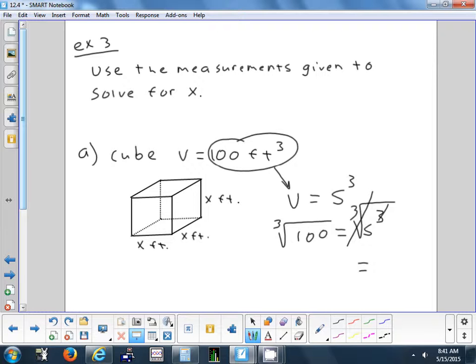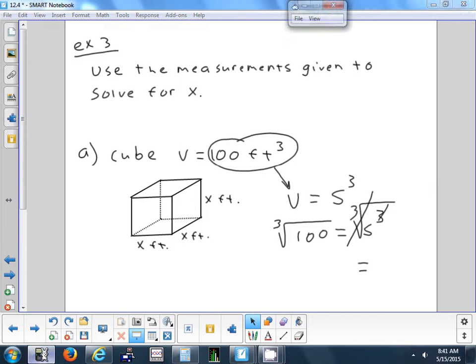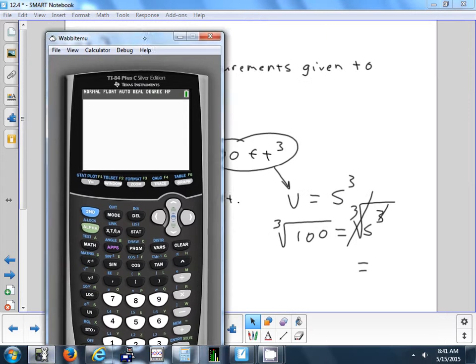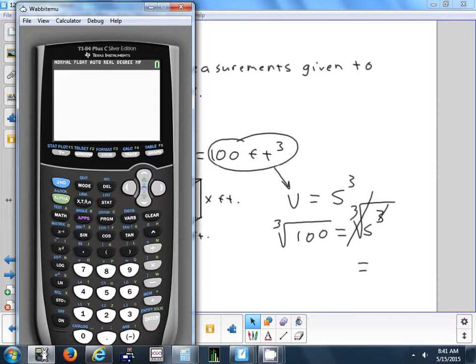Okay, this is something I want to make sure people know how to type in on a calculator. This calculator, you type it in pretty much the same way as the ones I give you for a test. First thing you do is you type in the type of root you want, which in this case is a cube root. And then there's usually a button. You don't get to it by pressing math, but there's a button on the calculator that looks just like that. It's got a little X, and then it's got a little root symbol.